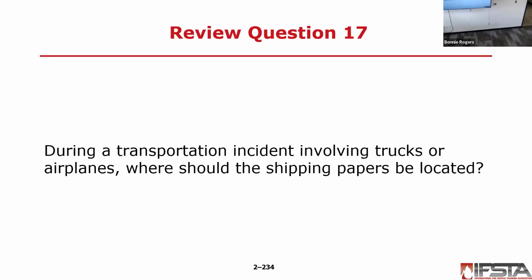How about on a rail car? Where do we go? The engine. Engine or caboose, okay? Or we can ask who? The conductor. Okay. Don't have access to any of those three. Who do we contact? The rail, yeah, it might not be BNSF, whoever it is.